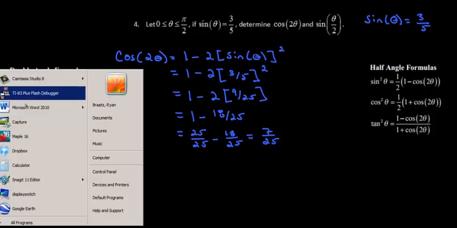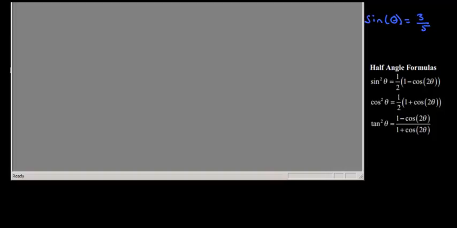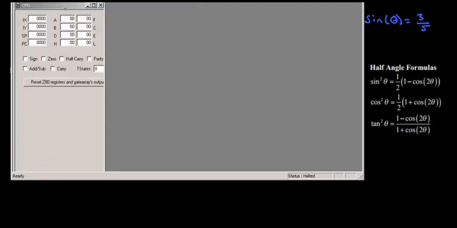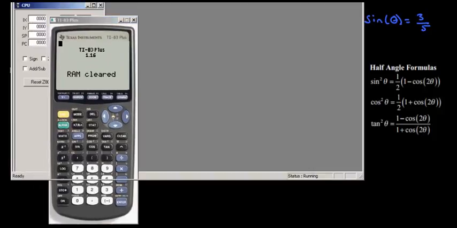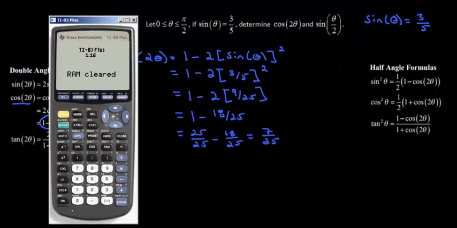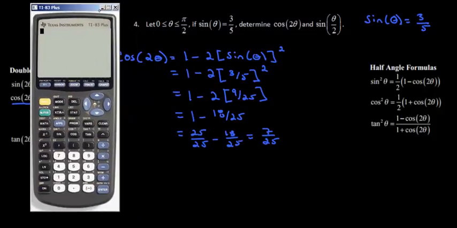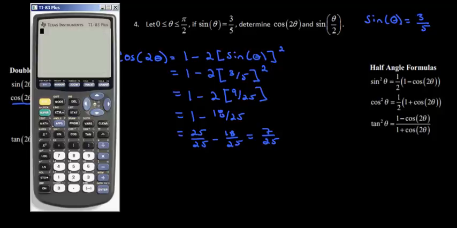So we'll go ahead and grab our calculator. The question is, what's the actual angle we're looking at? Well, if the sine is 3/5, let's go to degrees, just so it makes more sense.